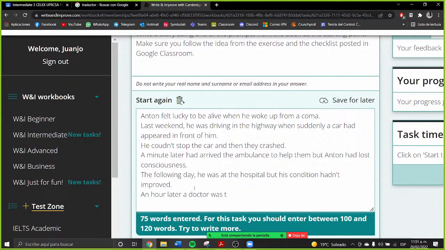Sí, he was dreaming. ¿Cuál es el pasado perfecto? In this case, it's present perfect, ¿no? Yeah, present perfect. The doctor was telling that he hadn't possibilities to be alive.